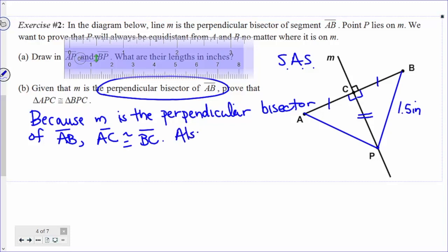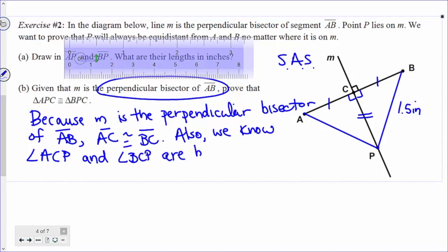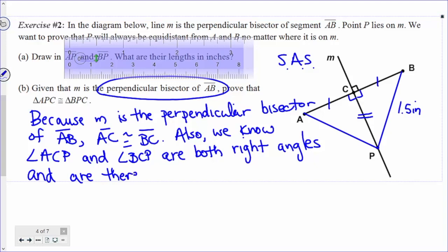Also, we know angle ACP and angle BCP are both right angles and are therefore congruent.